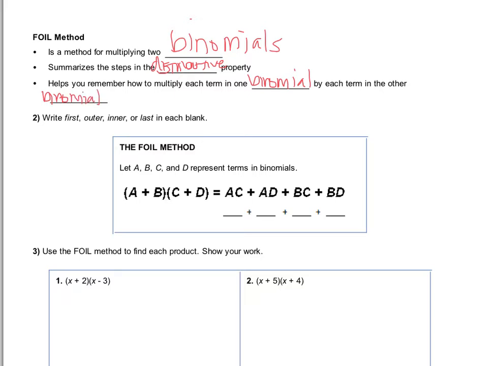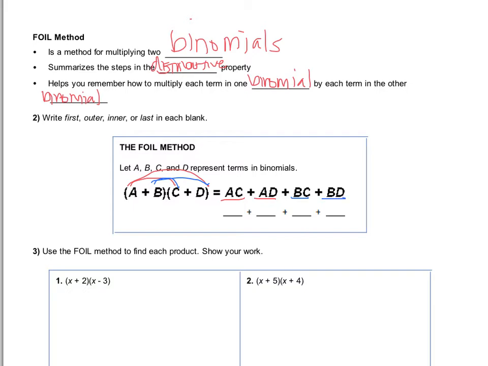So the FOIL method says that you take everything in the first parentheses and you multiply it by everything in the second parentheses. So you would do A times C and A times D, and that's where you get AC and AD. And then you would do B times C, which is where you get BC, and B times D, which is where you get BD.